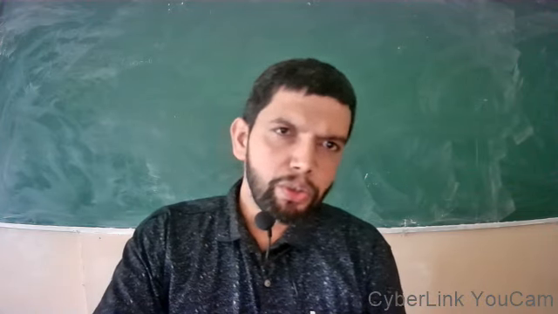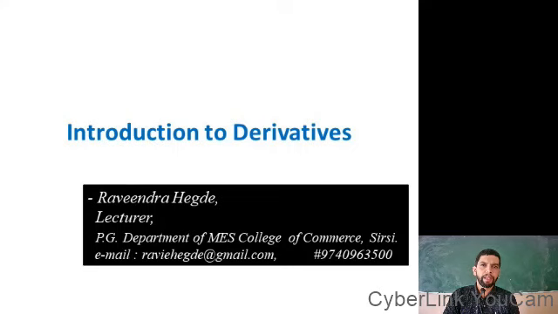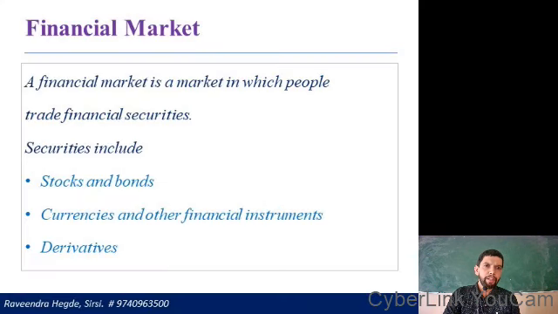So I want you to pay attention on screen and let us understand everything about the financial market and its hierarchy. As I just said, a financial market is a market in which people trade financial securities.